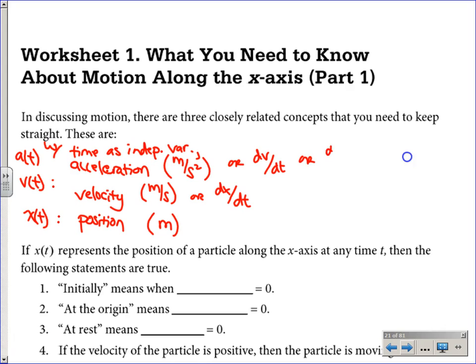Or you could also say the second derivative of position with respect to time, which is a little more awkward. I realize it's a little bit harder to see, but the second derivative of position with respect to time would still be meters per second squared. But yeah, those are the three.